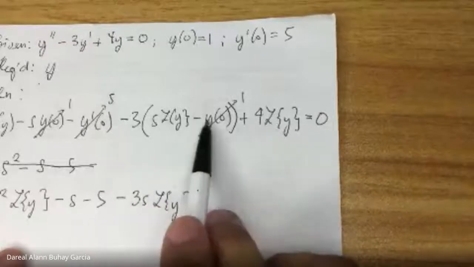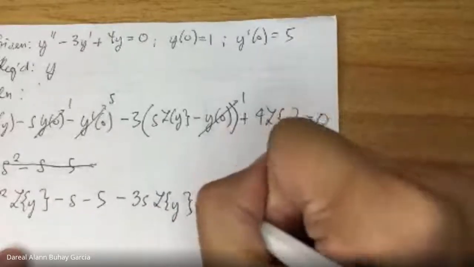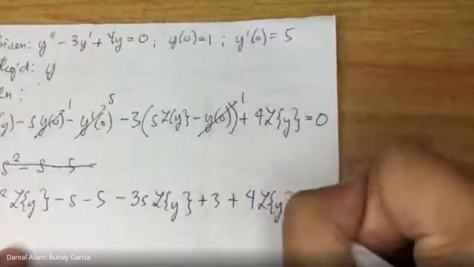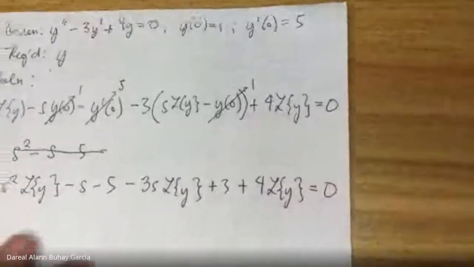Negative 3 times negative 1 is plus 3. Plus 4 Laplace of y is equal to 0.